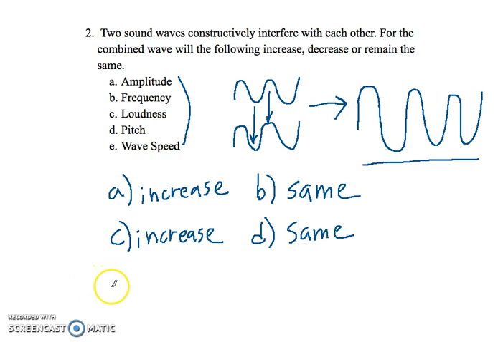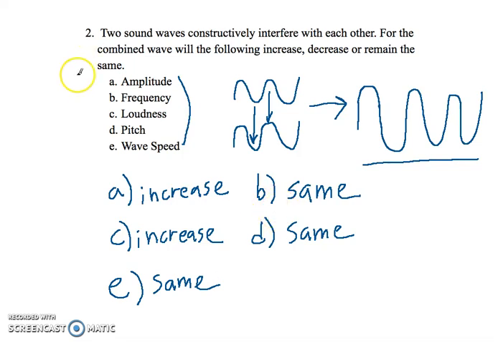The last thing, what's going to happen to the wave speed? Well, the constructive interference only affects the amplitude, so that really doesn't determine the wave speed. The new wave is going to be moving at the same speed as the original two waves that came in contact in the first place. So the wave speed is going to stay the same.